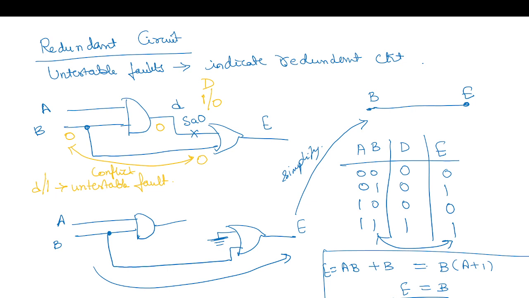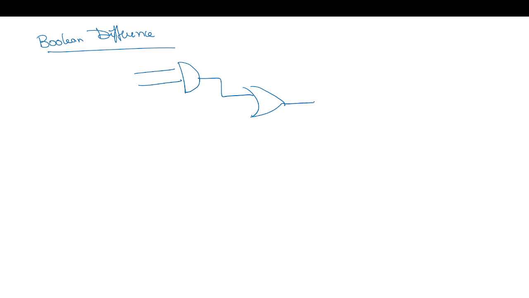So next we will solve some more questions on the Boolean difference based method. Let's consider a circuit with inputs x3, x2, x1.